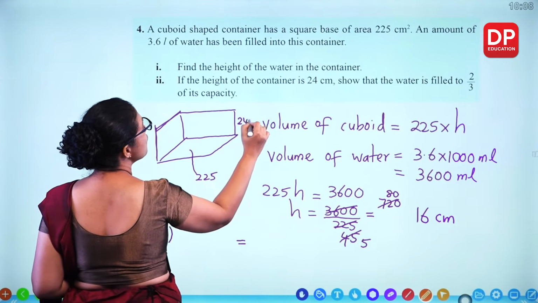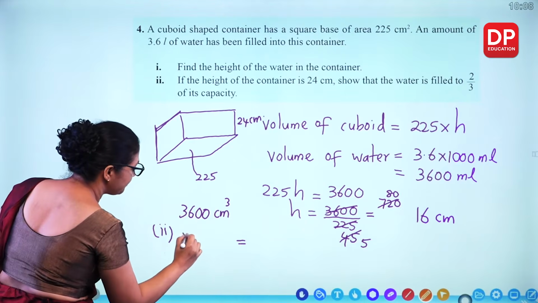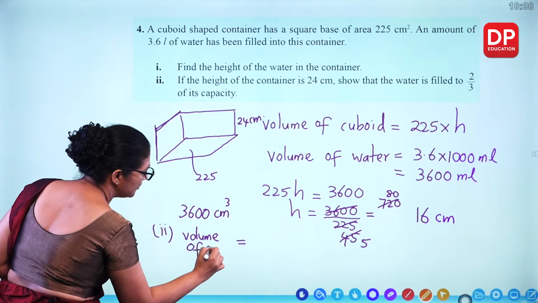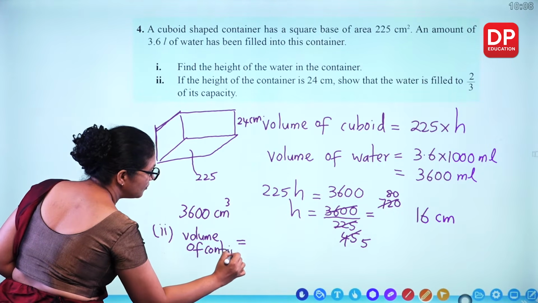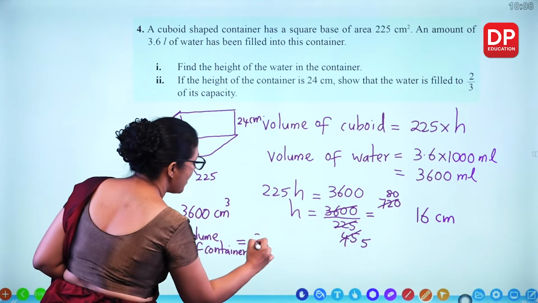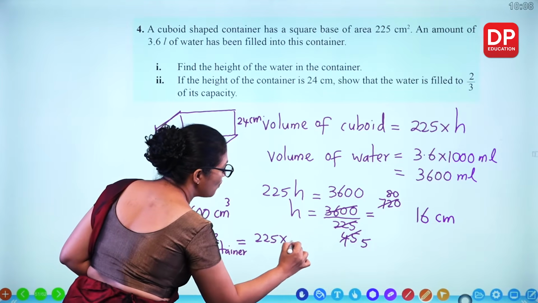If this is 24, volume of the container is equal to 225, that's the base area, into 24.